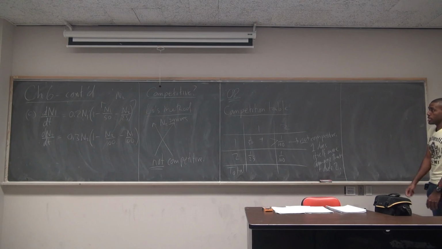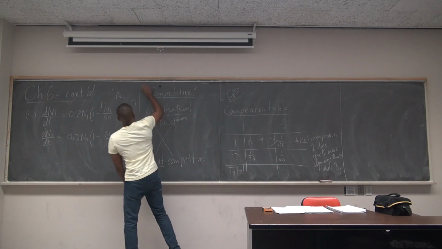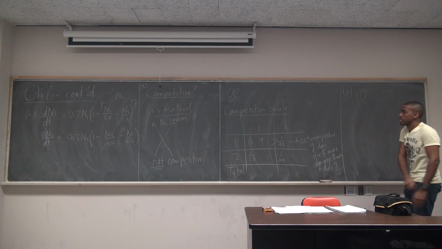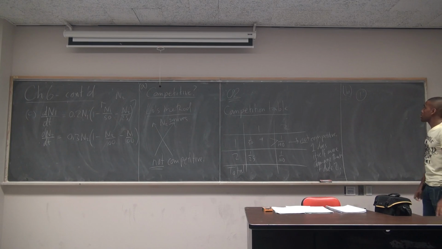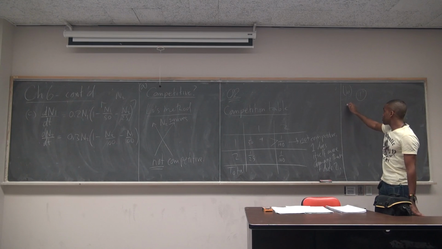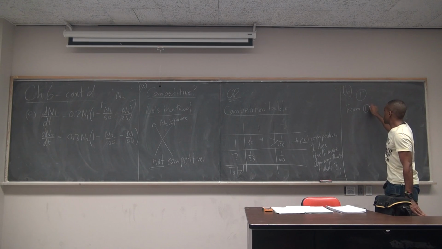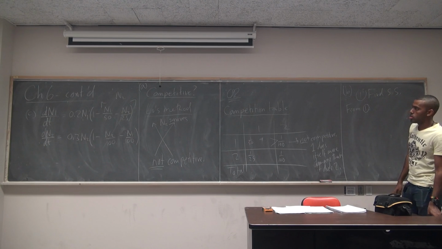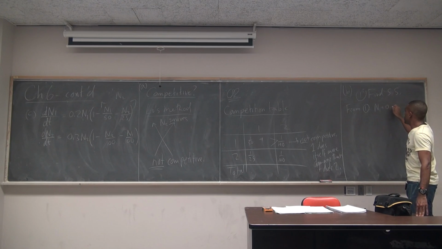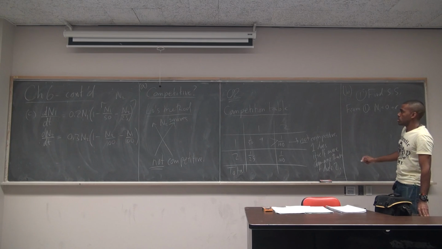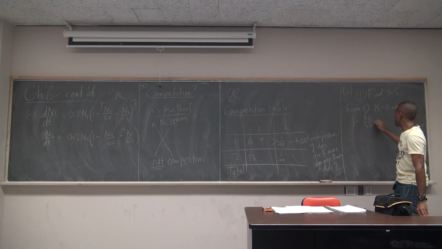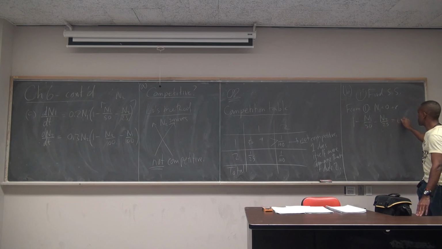Okay, so now the first question was to ask if it's competitive. The second one is the qualitative analysis. What is the first thing we need to do? Let's find the steady states. From equation 1, we have N1 equals 0, or 1 minus N1 over 50 minus N2 over 25 equals 0.